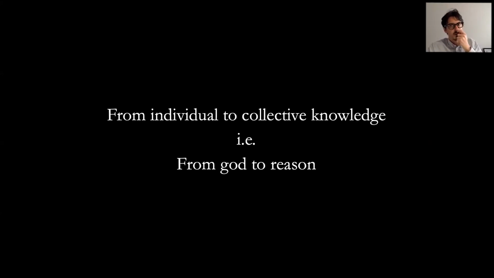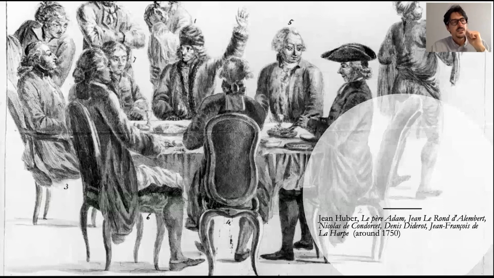Now we go to the second, that is from individual to collective knowledge, but also from God to reason. And I explicitly refer this condition to the encyclopedia. Perhaps you know that starting from the Enlightenment, intellectuals engaged themselves with the domain of science.